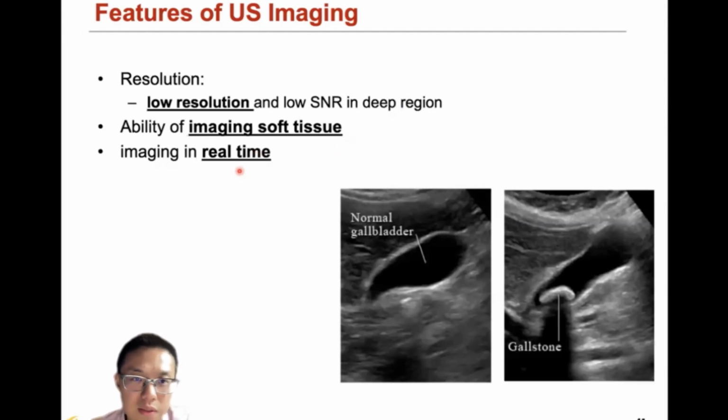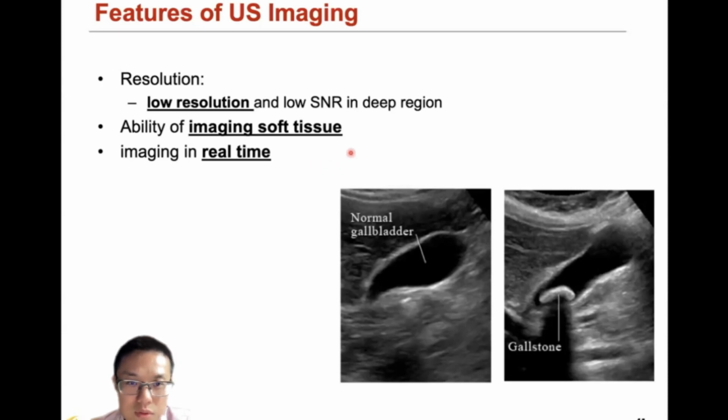In terms of the features of ultrasound imaging, it usually has low resolution, and it has a very low signal-to-noise ratio in deep regions. It is also able to image soft tissues very well, and it can do imaging in real time.